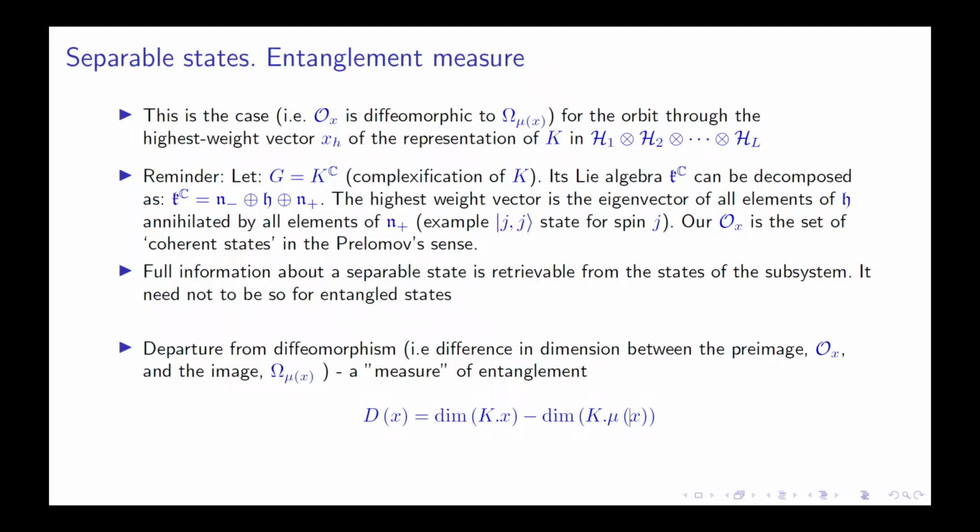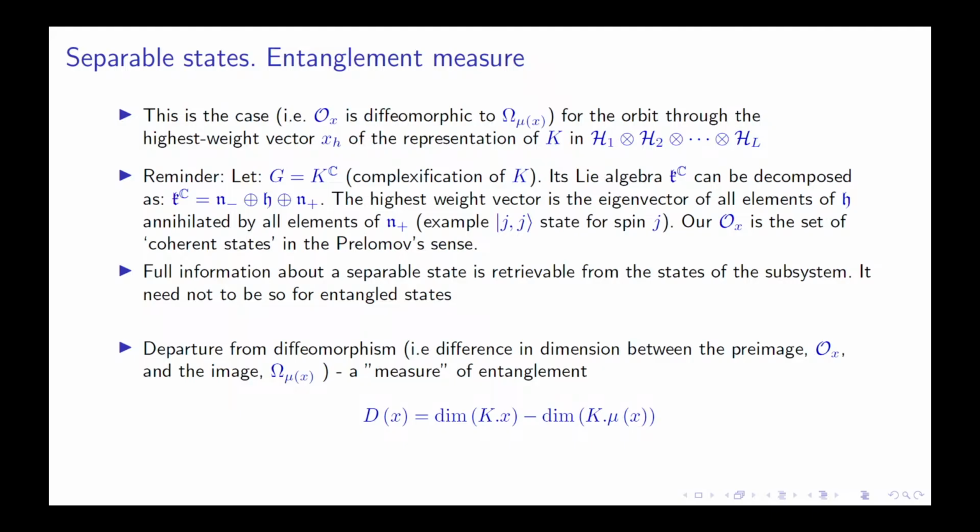This is exactly the vector |j,j> for spin equal to j. So from this definition, our orbit through the highest weight vector consists of coherent states in the Perelomov sense.